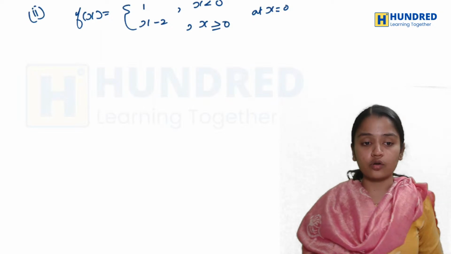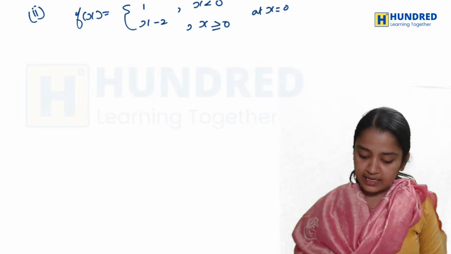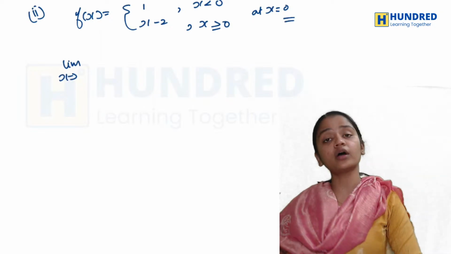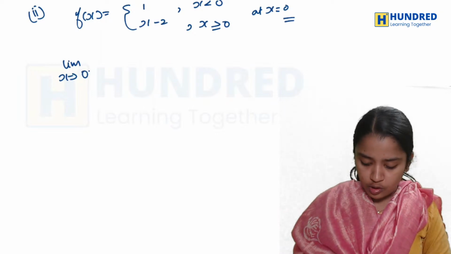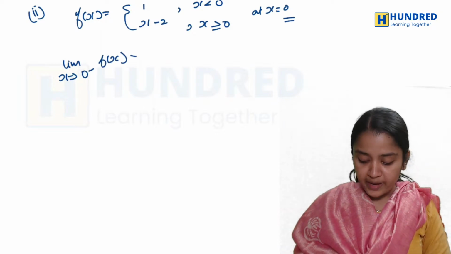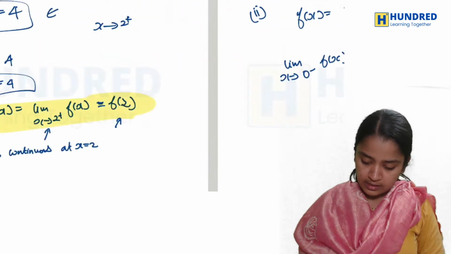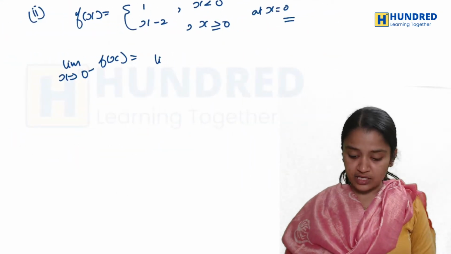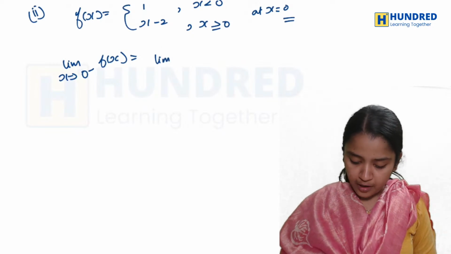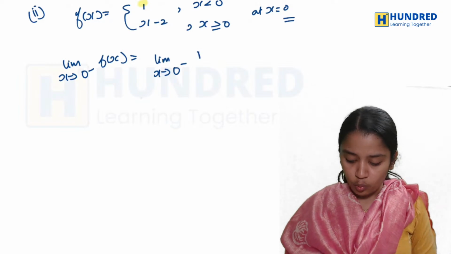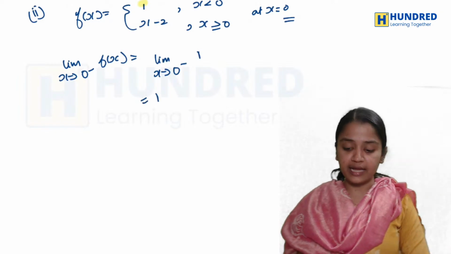So I have to find the limit x tends to 0 minus f of x, my left hand limit. For x less than 0, my function is 1. So limit x tends to 0 minus is 1.